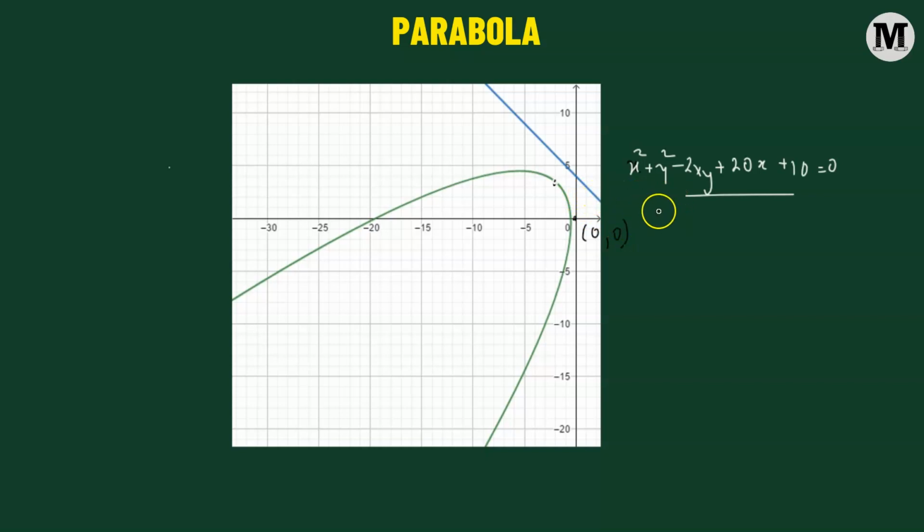That is why our equation was not looking familiar, like the form x squared equals 4ky or y squared equals 4hx. It was not having the same form. These two forms tell us the vertex of the parabola is at the origin, whereas this particular equation tells us that its vertex is somewhere which is not on the origin.